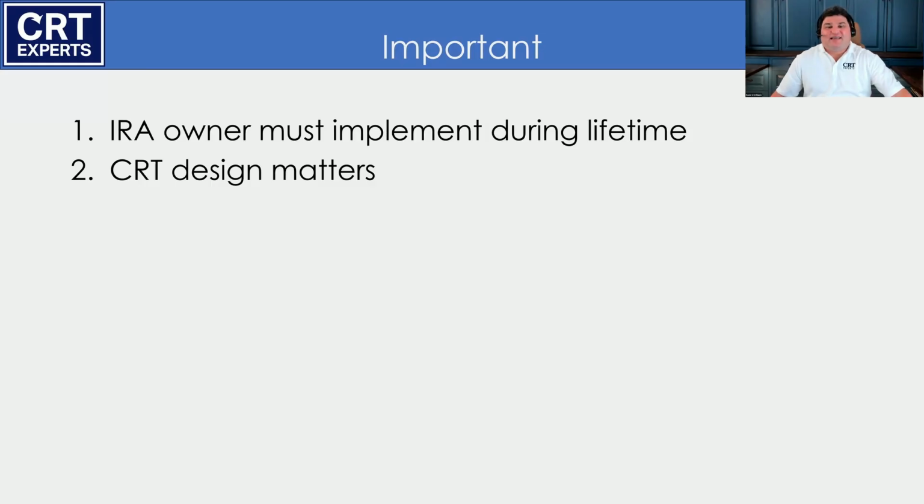So you can't kick the can on this because there's a mortality risk. Once you die, it's too late. Even a client who's 60 years old, who has a long life expectancy, that says, well, I'll deal with this later, that's probably fine. But there is a mortality risk because if you do die prematurely, it's too late to do the planning. So we have to take action during the IRA owner's lifetime.